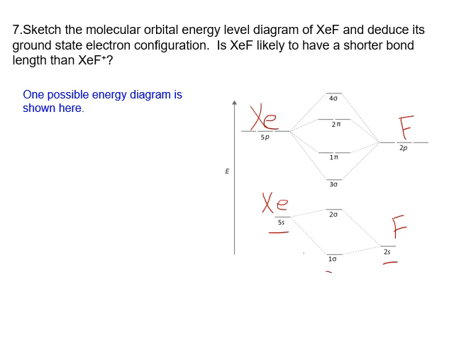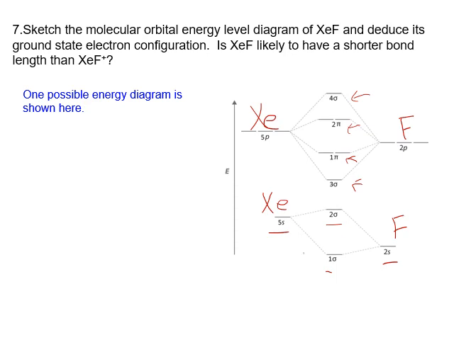So 1 sigma, 2 sigma, that's an anti-bonding, and then sigma bond, and then pi bond, and the anti-bonding 2 pi bond, and the 4th sigma bond. Okay, very similar. So calculate the valence electrons.